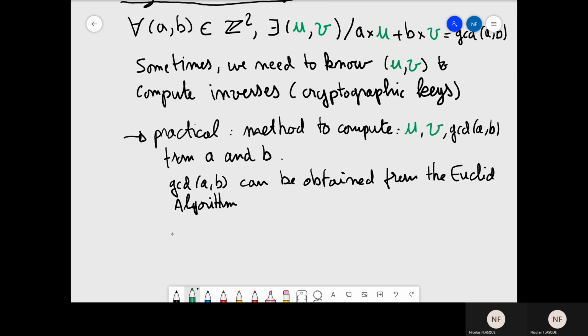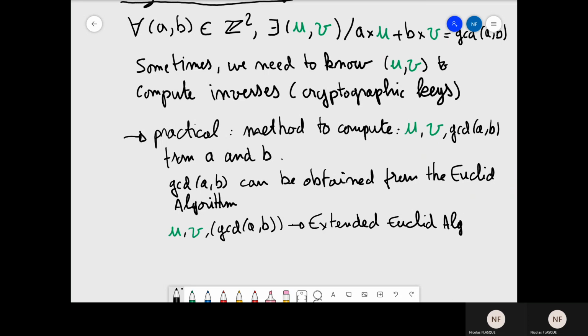Now, if you want u, v, and perhaps the GCD of a and b, there is an extension or some enhancement to proceed to the extended Euclid algorithm.